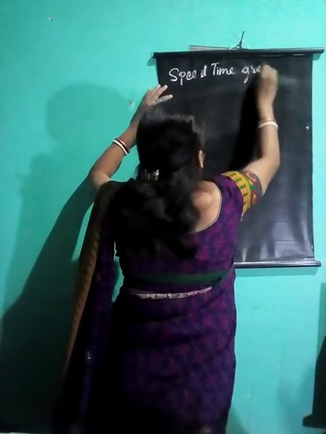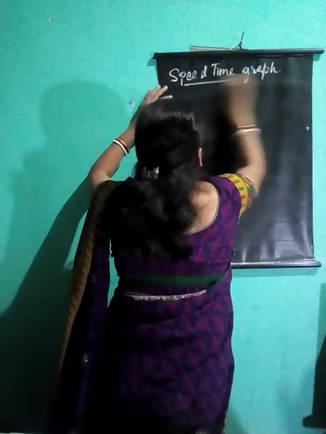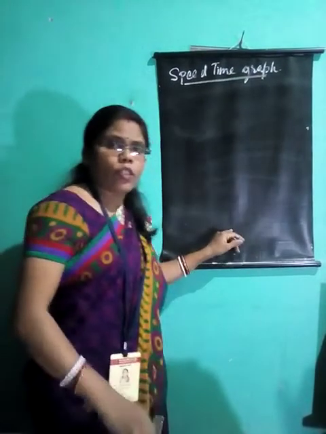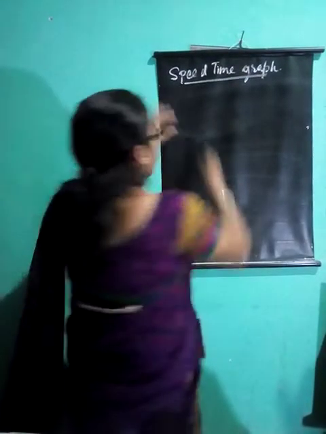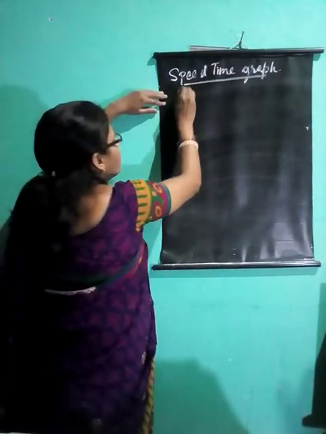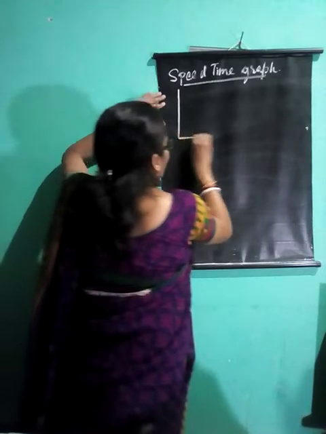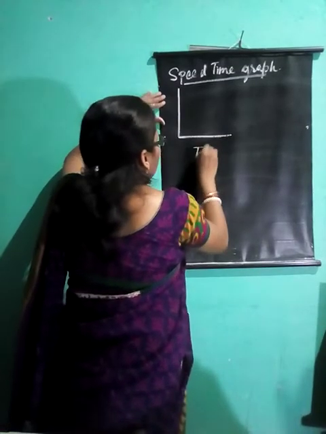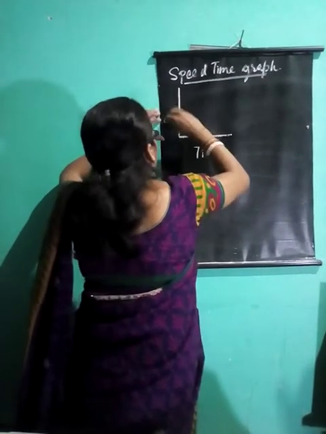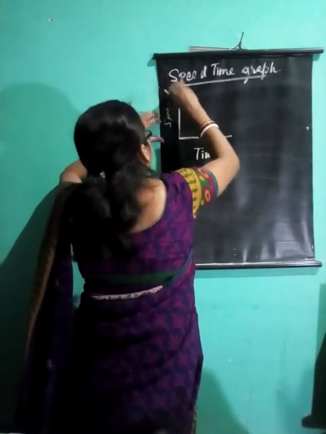In this, the relation will be between speed and time, and you will be having time on the x-axis whereas speed on the y-axis.